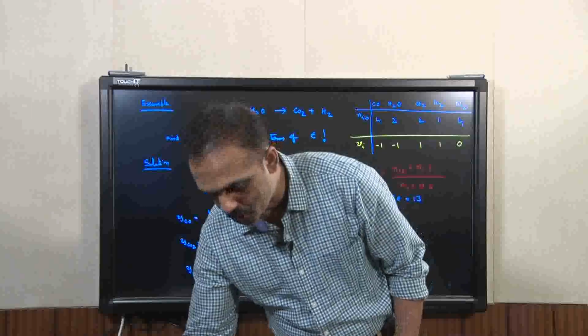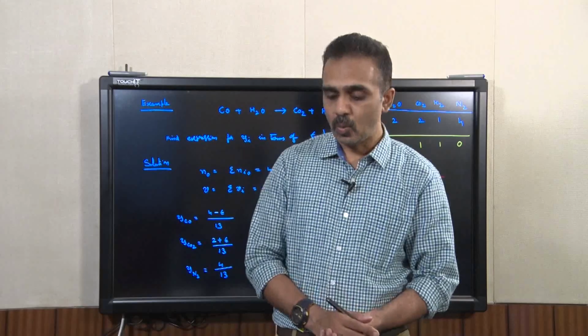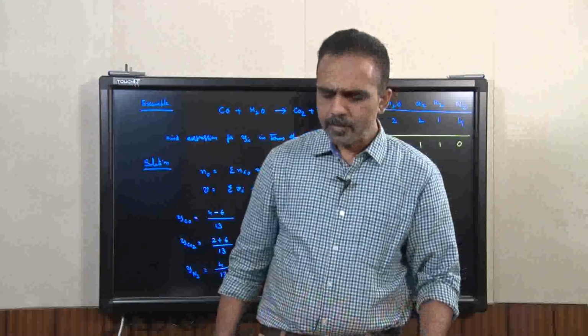Make sure that sigma Yi is going to be 1. And if you actually go through the math, you will see that the denominator is the same. The numerators all add up to 13, so that sigma Yi is going to be 1. That's how I cross-verify whatever expressions I usually write for these type of problems.